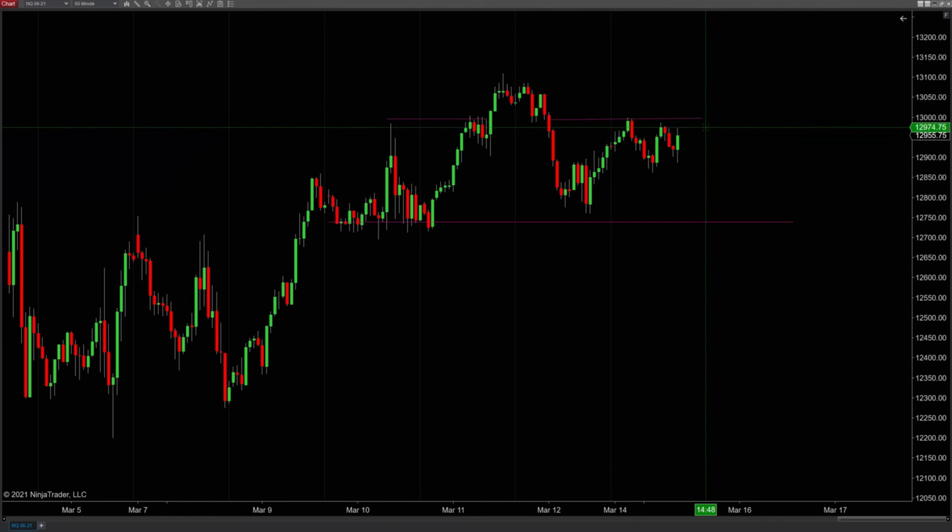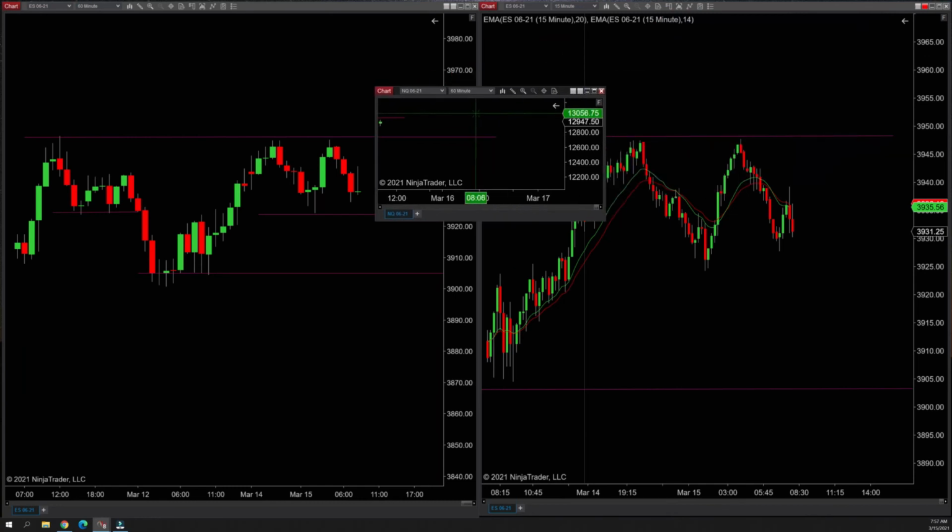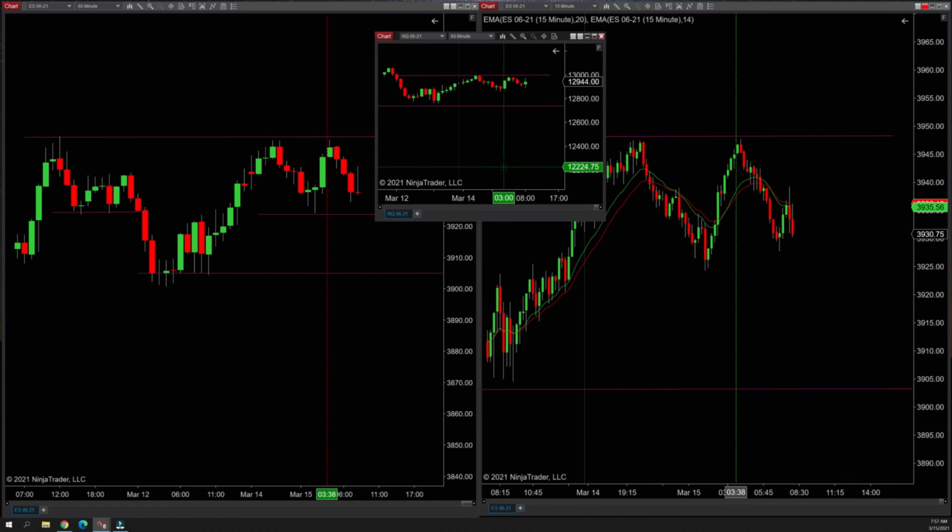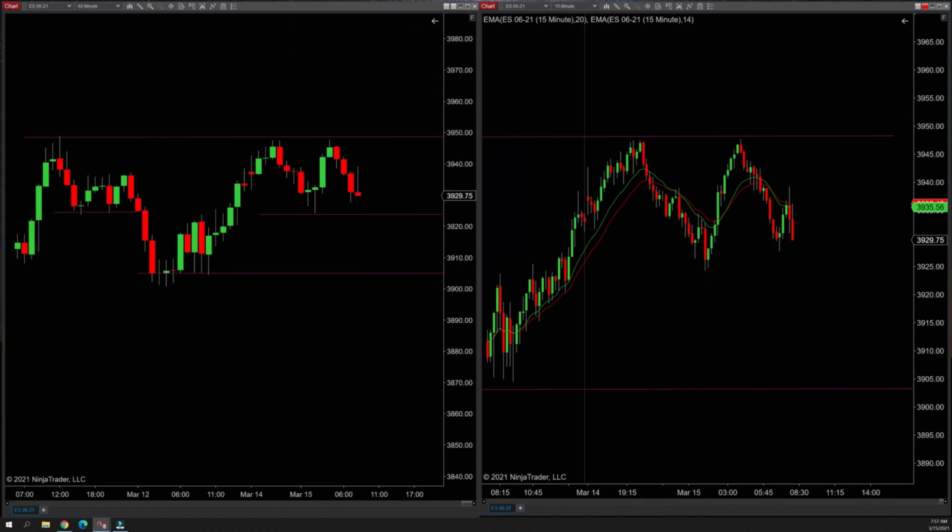I don't want to be trading directly into resistance or support. Now, there were a few times last year that I was able to do that because of the unique way that action was moving. But now we got some strong selling coming into the ES here.